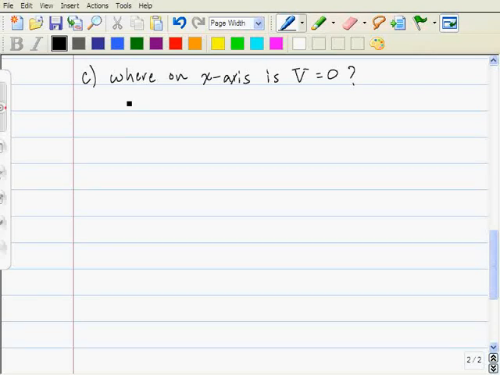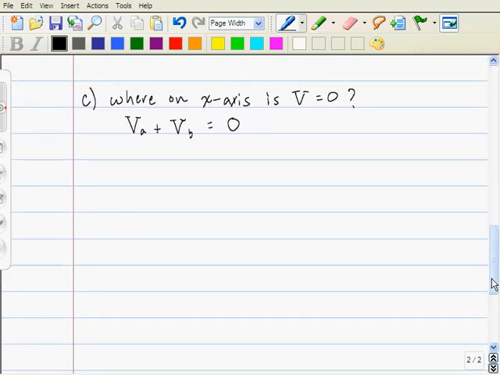So the condition that has to be met is that the sum of the potentials, V sub A plus V sub B, has to be equal to 0. Let me write that a little differently to clarify: the potential at any point is equal to 0.